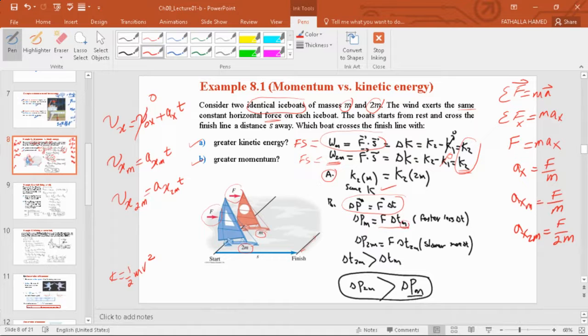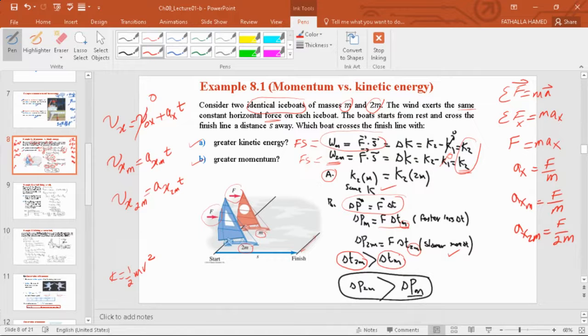We'll use m here for the boat with mass m. We'll use 2m for the boat with mass 2m, but we know the one with the 2m mass will be slower, meaning the time taken by the boat with 2m will be greater than the time for the boat that has m. That means the boat with m will reach the finish line first.